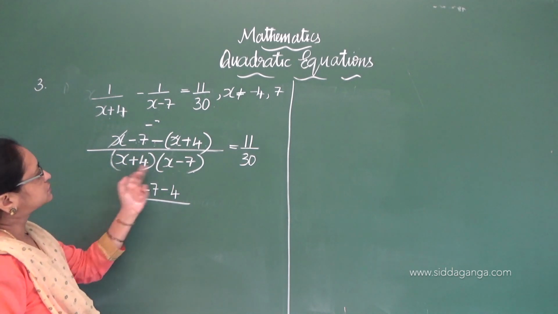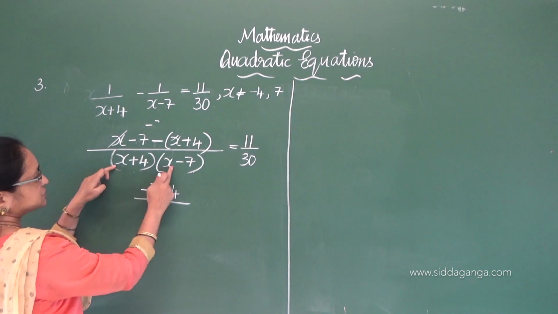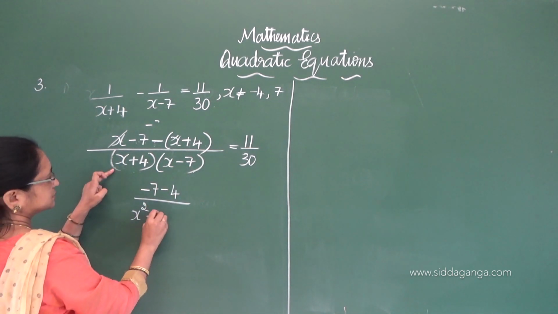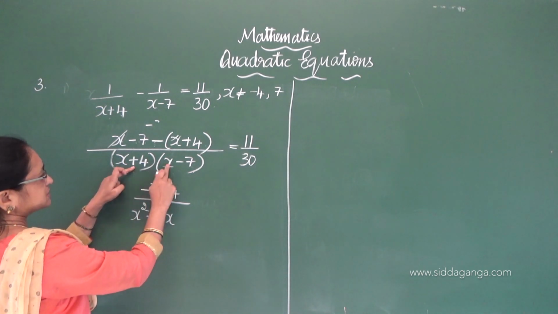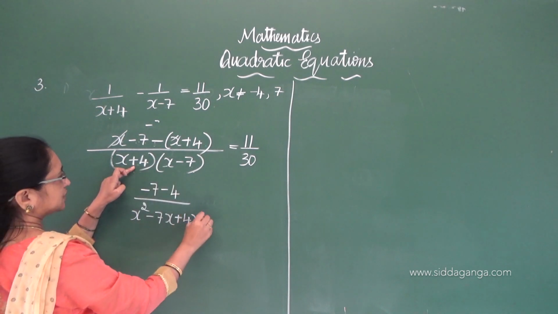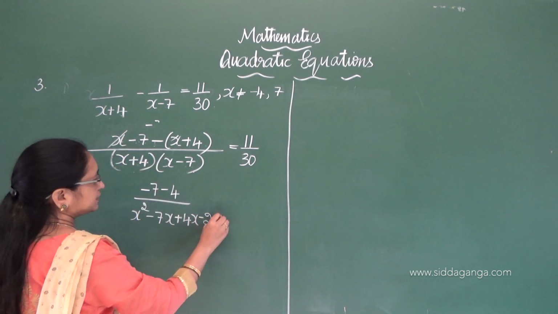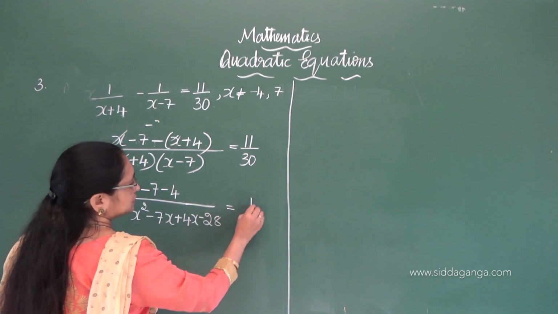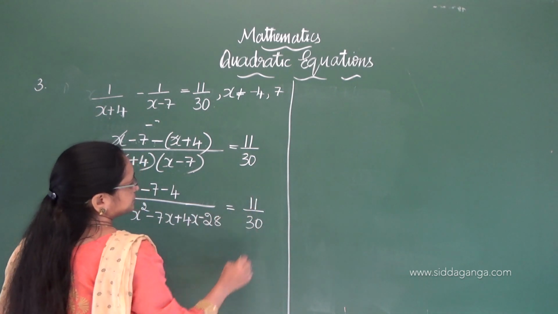So you have to find out the product, x into x, x square, x into minus 7x plus 4x, plus into minus 7 fours are 28. So like this you have to find out, is equal to 11 by 30.